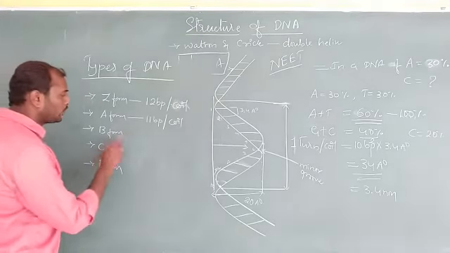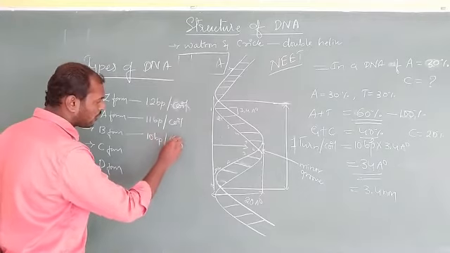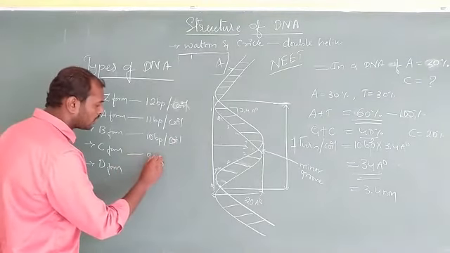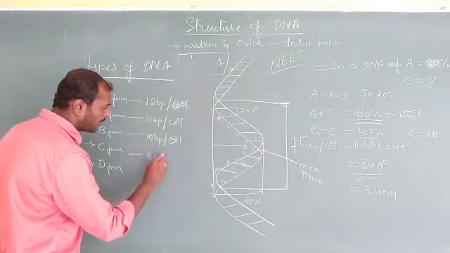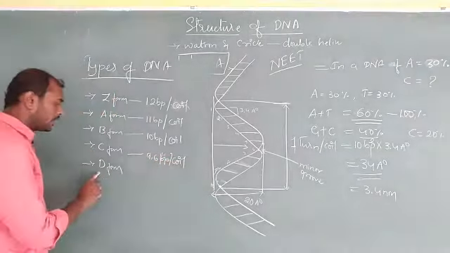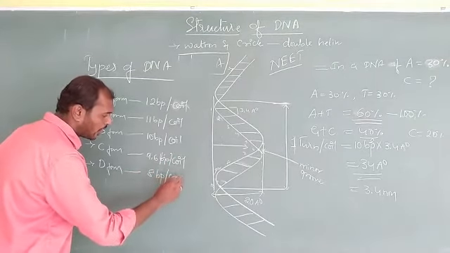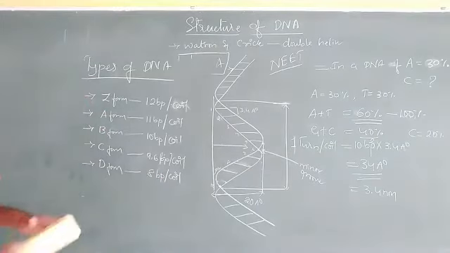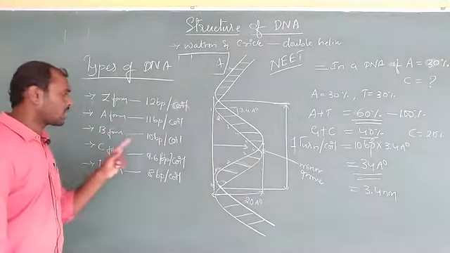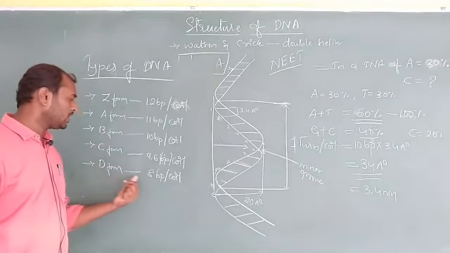B is having 10 base pairs per coil and C is having 9.6 base pairs per coil. Okay, D form is having 8 base pairs per coil. So Z is having 12 base pairs, A 11, B 10, C 9.6, and D 8 base pairs.